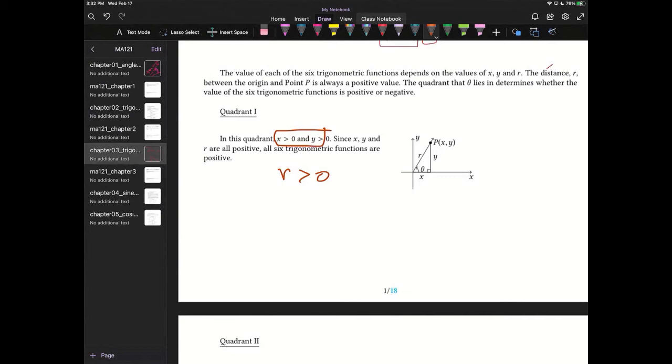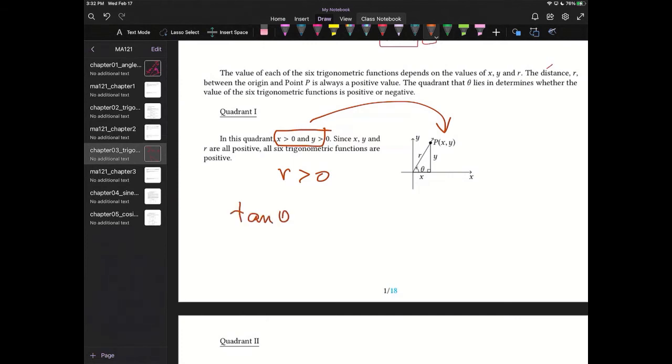But in quadrant number 1, these quantities x and y from the point will always be positive. So the coordinates being positive for the points on the terminal side indicates that sine, cosine, tangent are all positive, because you take a positive number, divide by a positive number, and you always get a positive result.